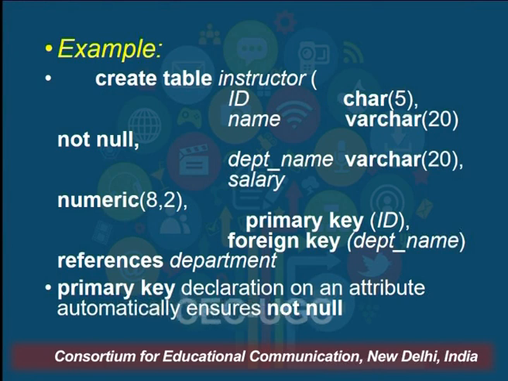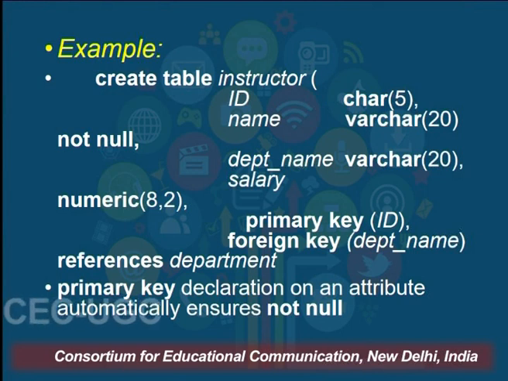So, here we have taken ID as the primary key, that means a null value cannot be inserted inside the ID. Also, the ID will be unique because it is taken as the primary key.